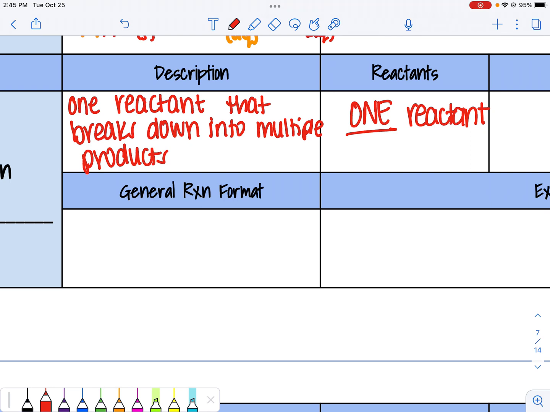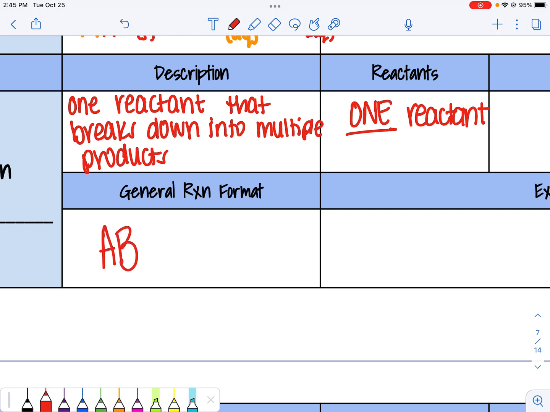It can be of many different types, but what we are going to assume for our purposes is that the singular reactant will always break down to form the elements that make up the compound. This isn't always the case, but for our purposes, we're going to assume it's true.